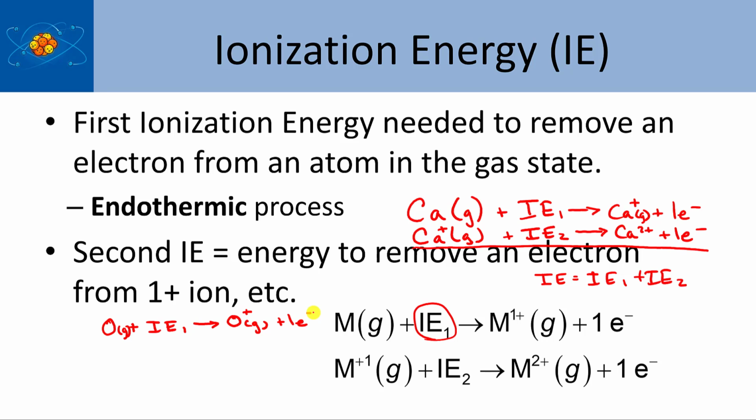That would be the first ionization for oxygen. So ionization energy is always for the formation of a cation, not the naturally occurring ion for that element. It's also done in the gas phase, and that helps simplify the analysis because there are no other effects that we have to think about.